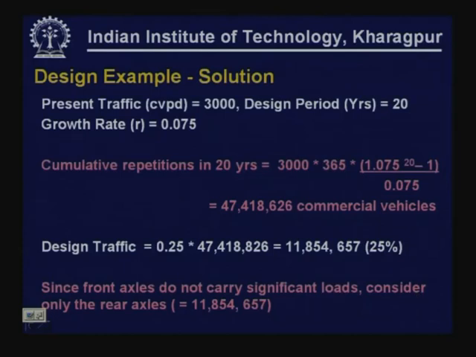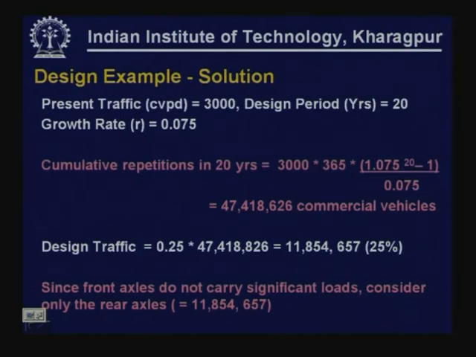The present traffic is 3000 commercial vehicles per day. A design period of 20 years has been taken, and the growth rate is 0.075. Using this, the cumulative repetitions during 20 years are computed as 3000 into 365 into ((1.075)^20 minus 1) divided by 0.075. The total number of commercial vehicles projected to use this facility in 20 years is 47 million.